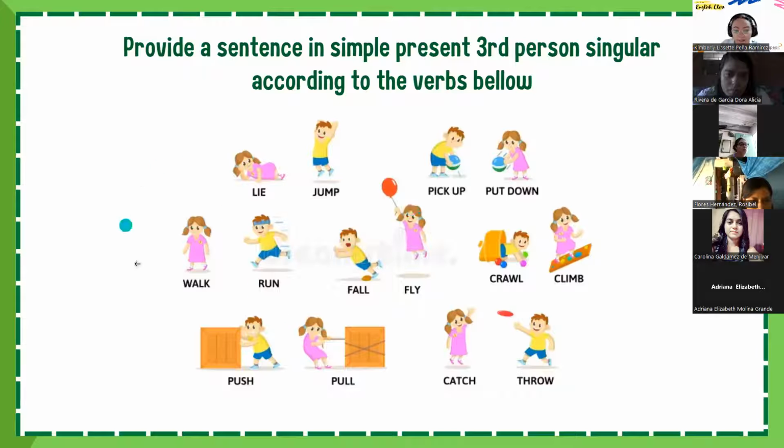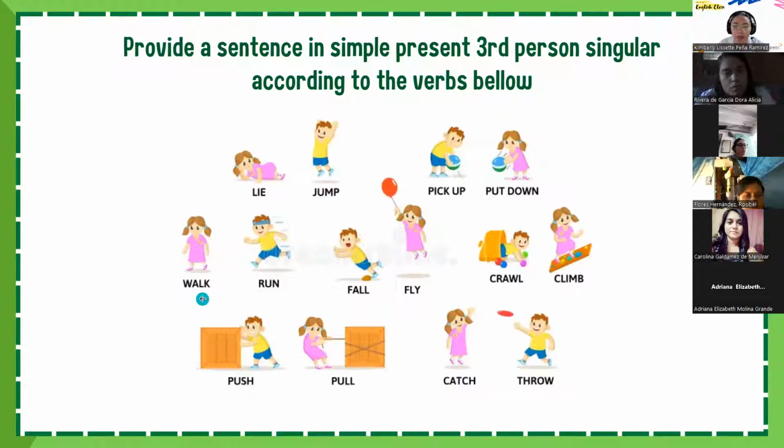So it will be she. She is walk? No. We remove is. We don't use is in third person, in simple present. She, subject, the action. What is the action? This one, right?